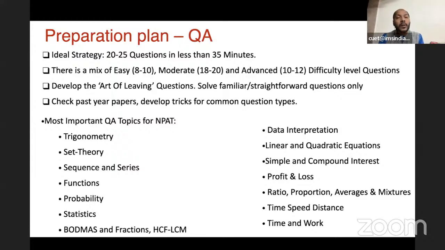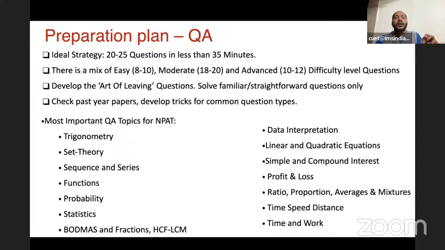If you leave all the questions of data interpretation in the QA section because of the questions being lengthy, and then there are lengthy questions from trigonometry, statistics, or functions, and you leave those questions also, then it will become very difficult for you to score the 20 or 25 questions that you wish to score in the QA section.